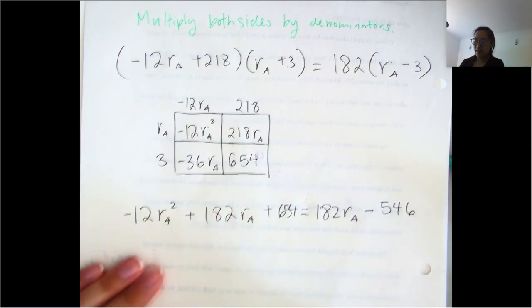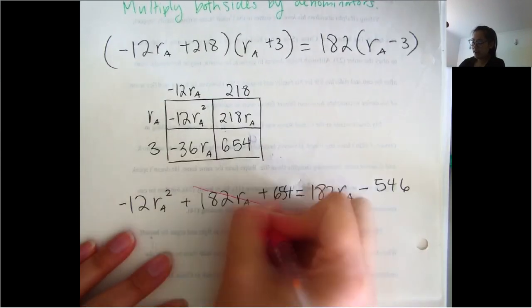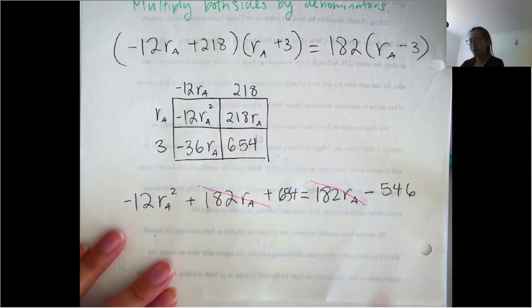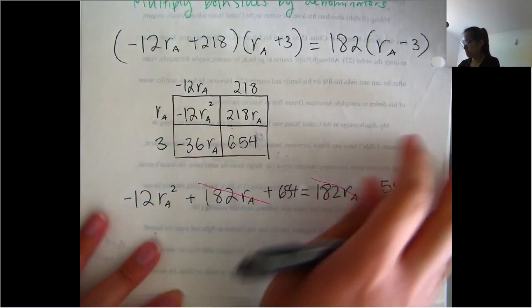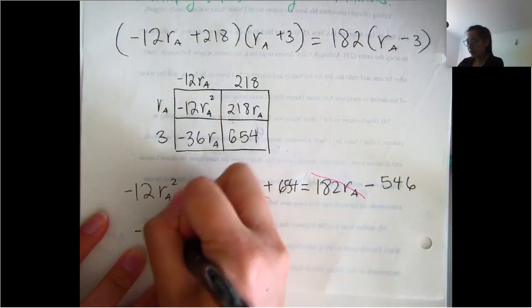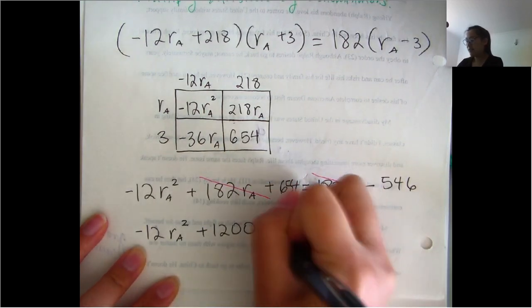What's convenient about this is the 182 R sub A minus the 182 R sub A will subtract to 0. Then we add the 546 to the 654. And we have negative 12 R sub A squared plus 1200 equals 0.